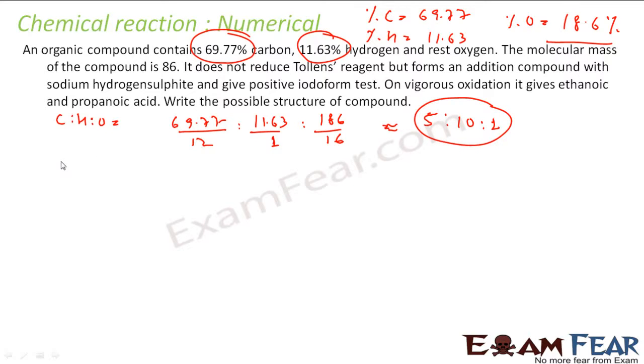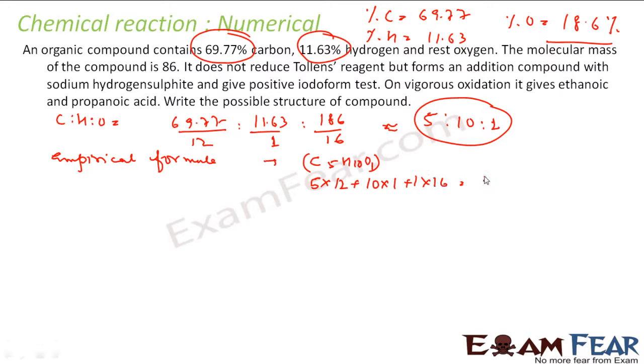That means my empirical formula is nothing but C5H10O. This is my empirical formula. So if you calculate 5 into 12 plus 10 into 1 plus 1 into 16, what you get is 86.